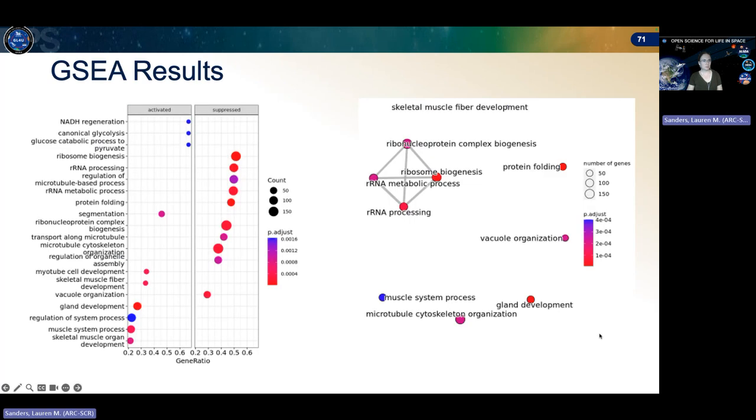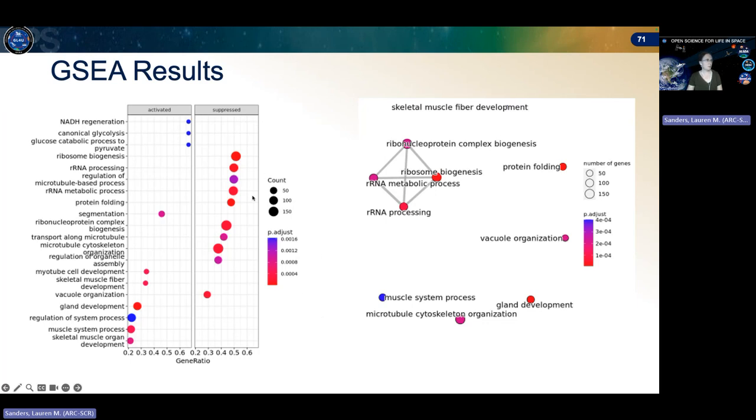So the GSEA results that we're going to be investigating in our notebook, we're going to represent them using a dot plot and an enrichment relationship plot. So in our dot plot, on each row of the dot plot, we're going to put the different gene sets that were found to be either activated or suppressed through enrichment in our ranked list of genes.